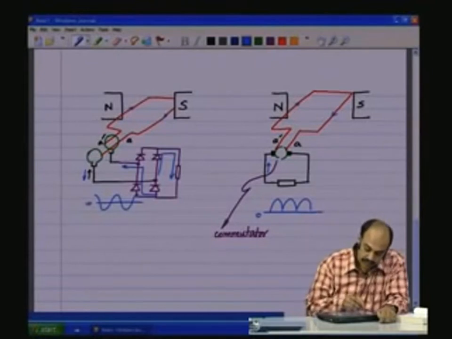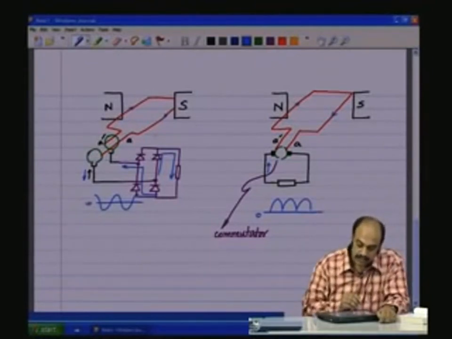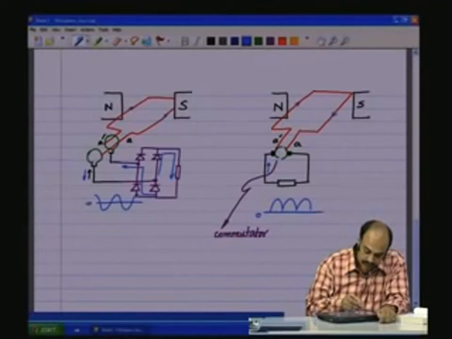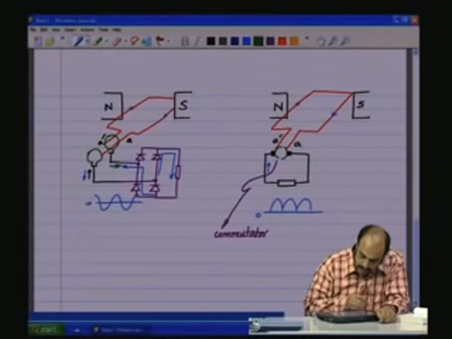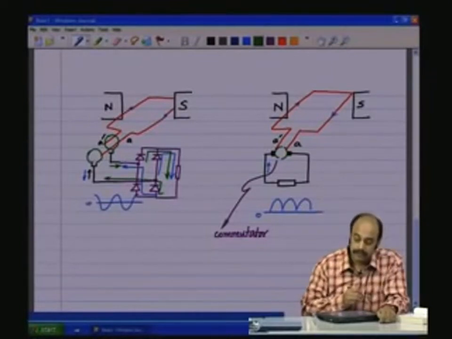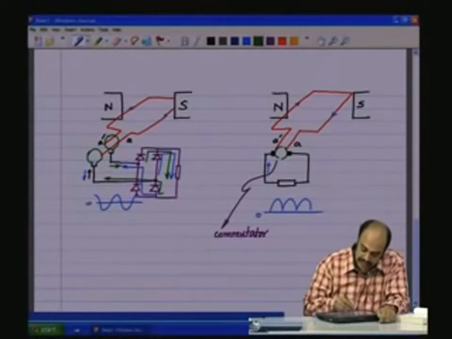When the current is positive here, that is when it has reversed the polarity, whereby A is towards the north side and A dash is on the south side, we have a current which is flowing in this direction, which means we have a direction of current which comes opposite, goes in this direction and comes like that, which means through the load it is always the same polarity.